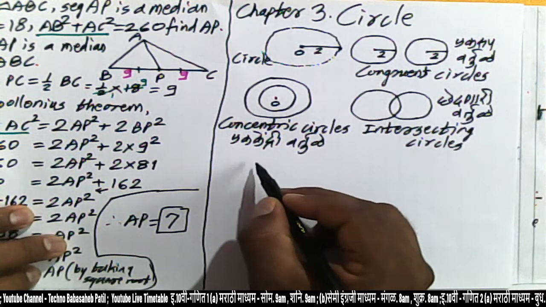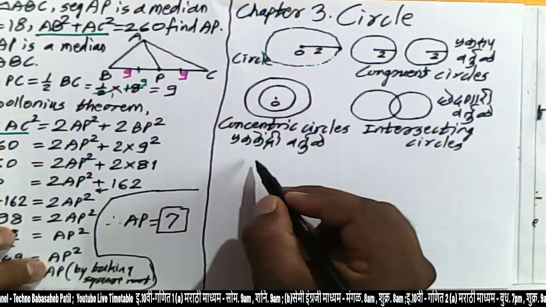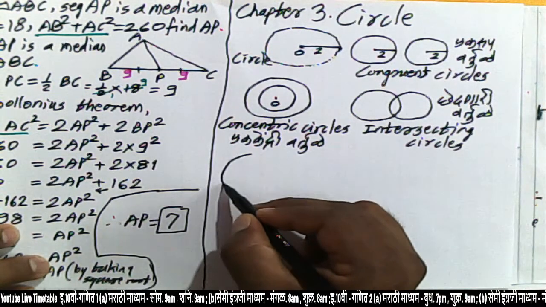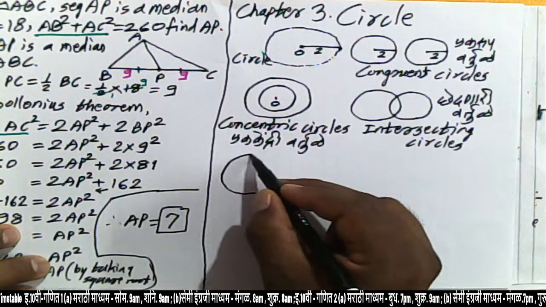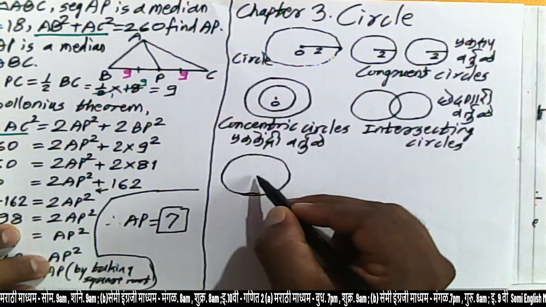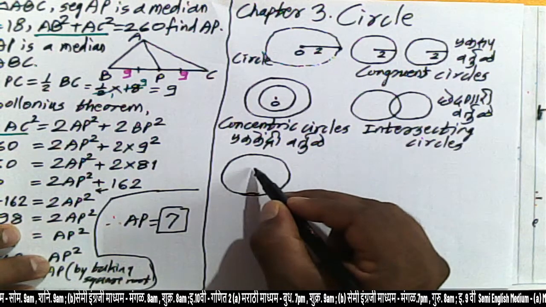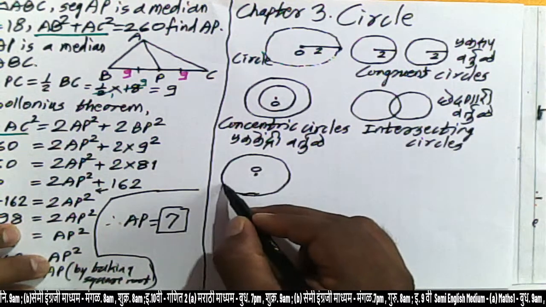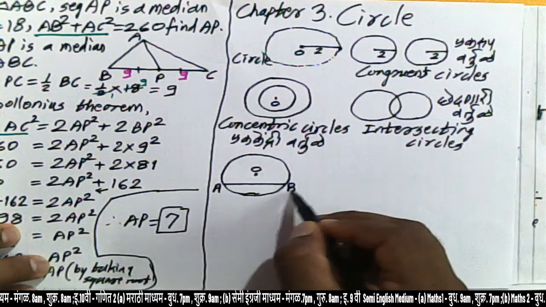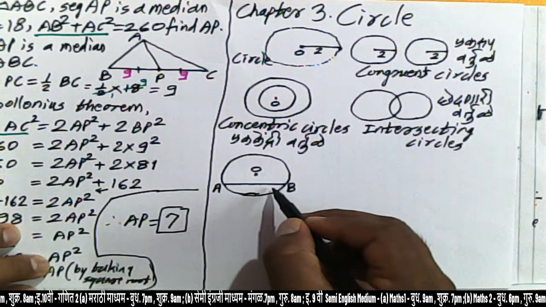Then in the previous year, in 9th standard, you studied one theorem. Point O is the center and AB is called a chord.